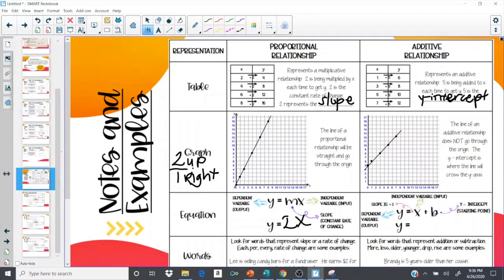We said our y-intercept was 5. Therefore, we are going to substitute b with 5 and write the rest of the equation the same. So now the equation is y is equal to x plus 5. So you use different equations for proportional relationships and additive relationships.